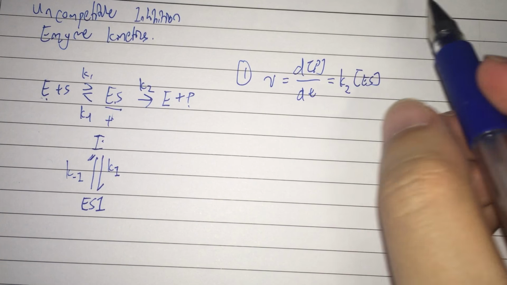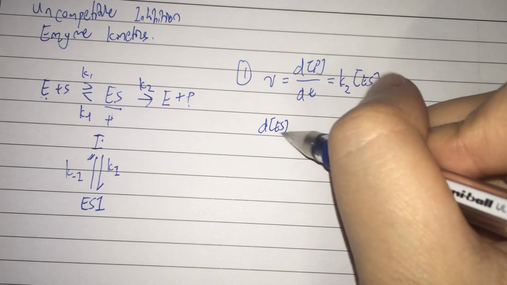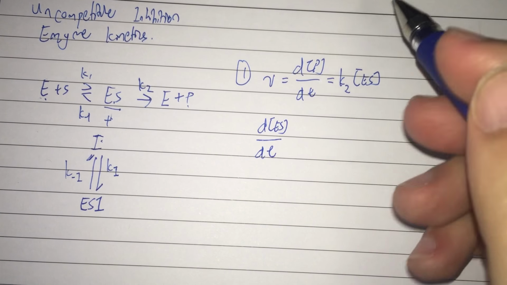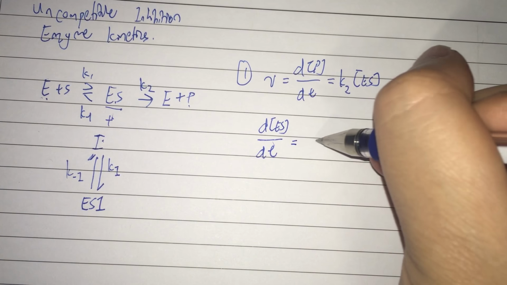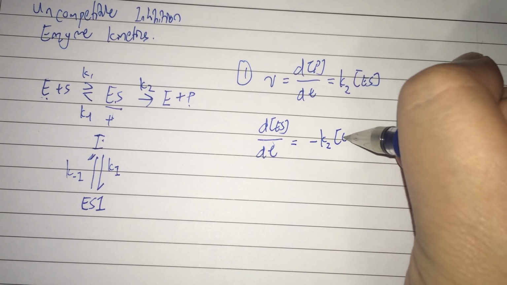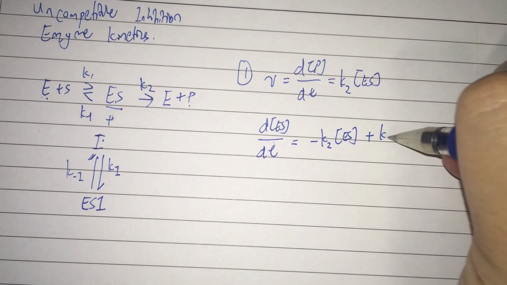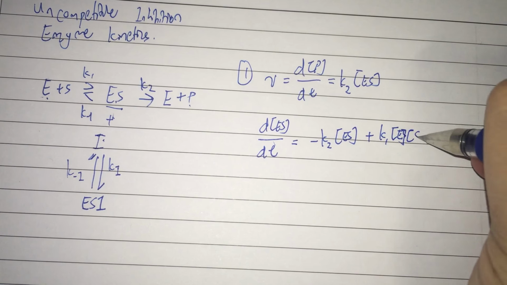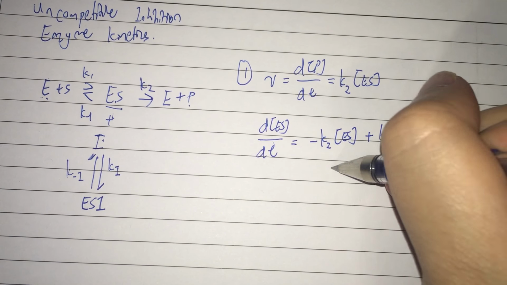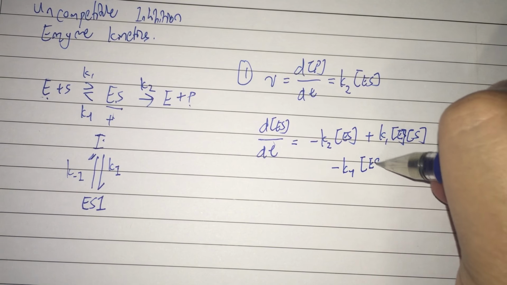Okay? And so, how about the ES balance? So the ES balance will be minus K2 into ES plus K1 into E and into S minus K minus 1 ES.